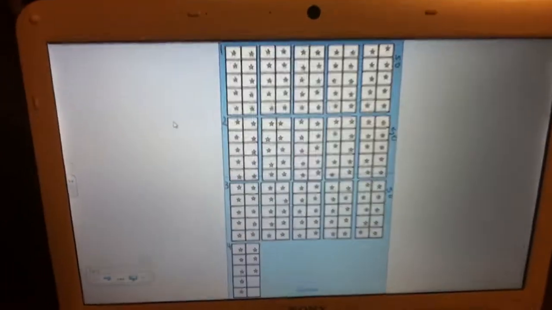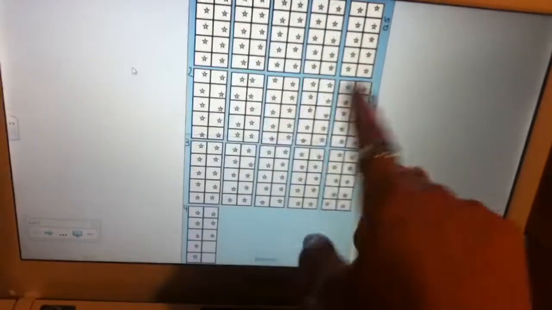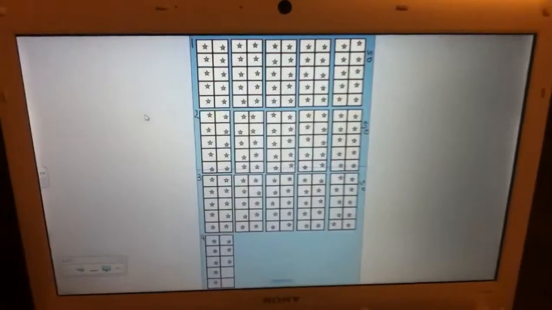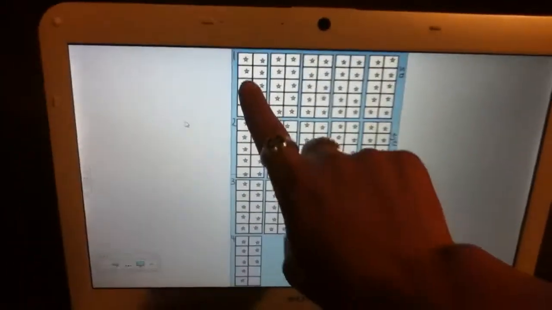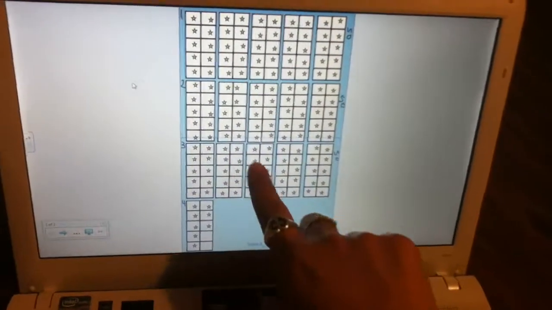So if we already have full tens, then we don't need to do anything with them. We just need to count them up. So here we can see that we have 1, 2, 3, 4, 5, 6, 7, 8, 9, 10, 11, 12, 13, 14, 15.